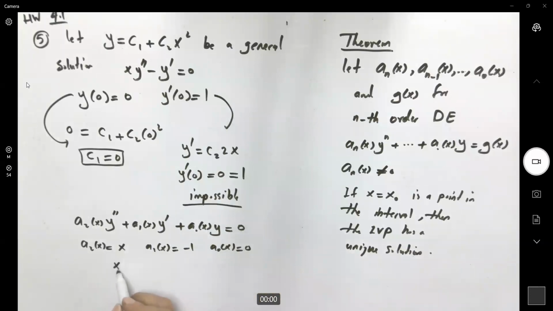Note that if I take x sub 0 equal to 0, then a sub 2 at 0 is equal to 0.